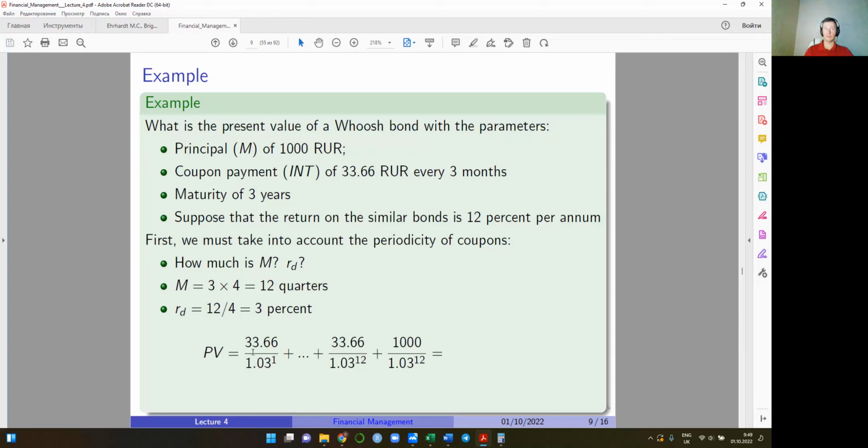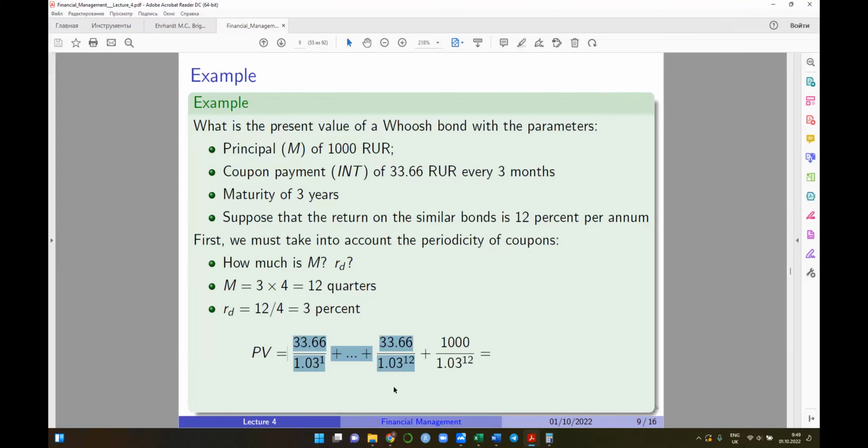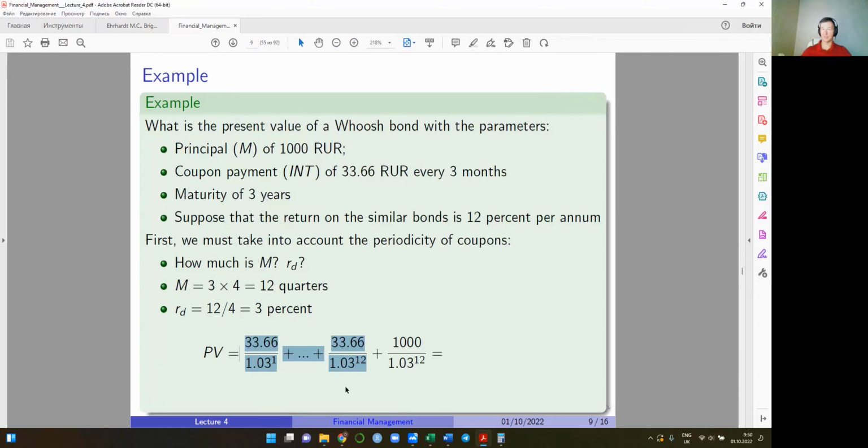Now we see that this part is what? Again, can somebody repeat? What is special about this part? How do we call this part? Cash flow with equal payments. How do we call this part?